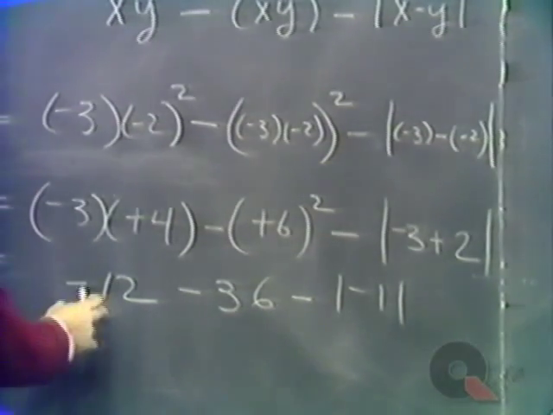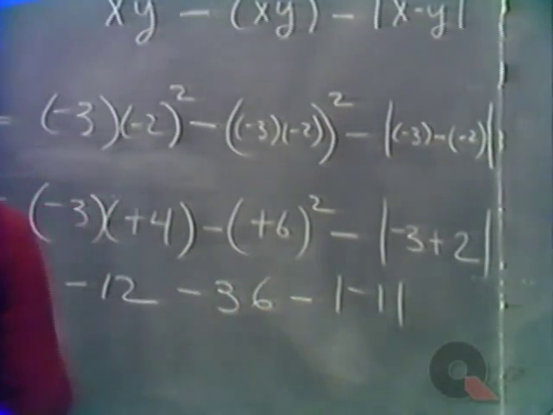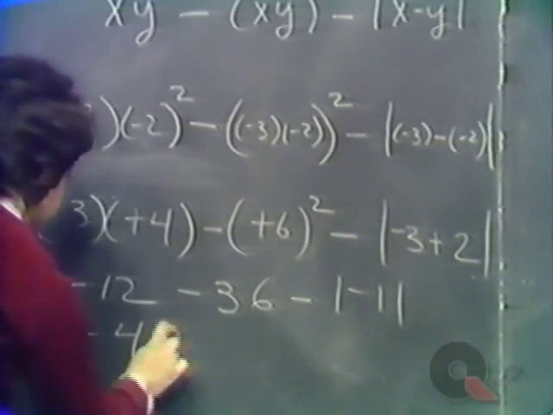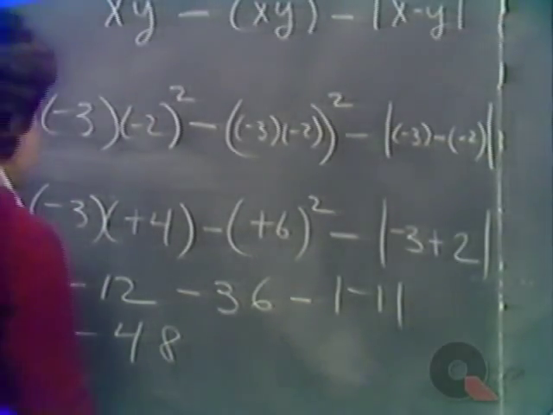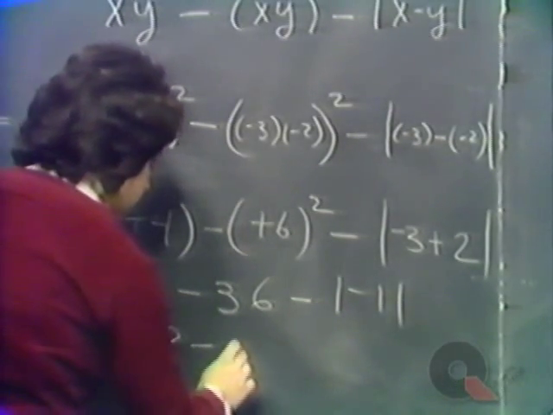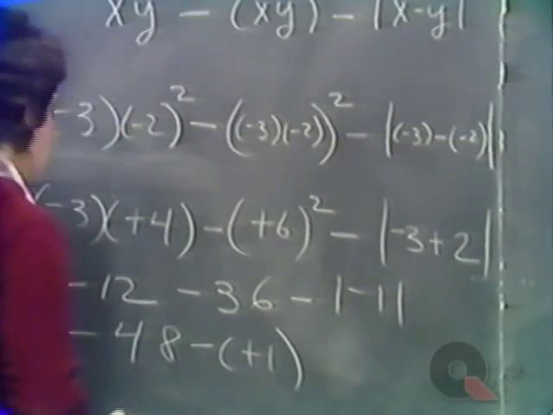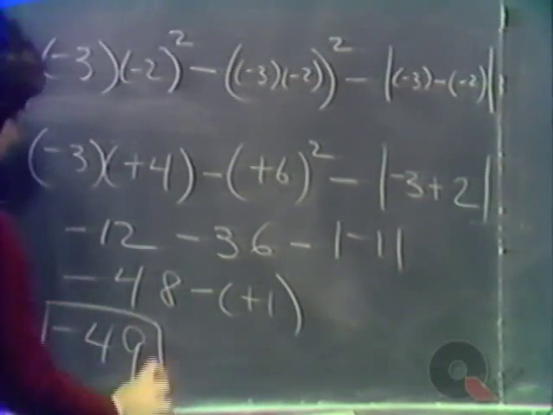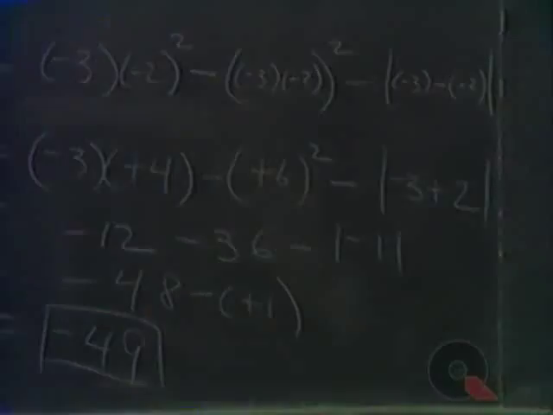So we have minus 12 and minus 36, which gives us minus 48. Take away the absolute value of minus 1 is plus 1, so we're going to take away a plus 1, minus 48 minus 1, for a final answer of minus 49.